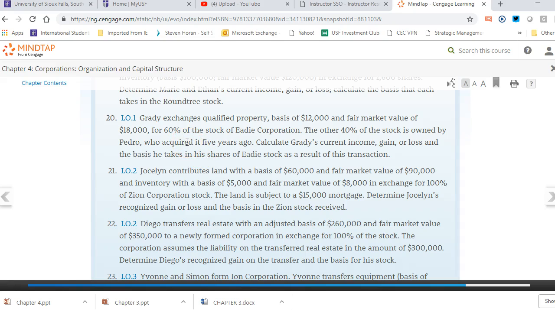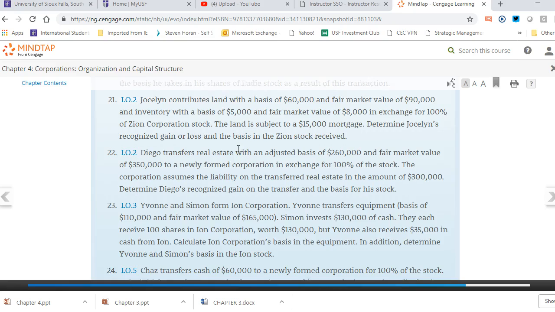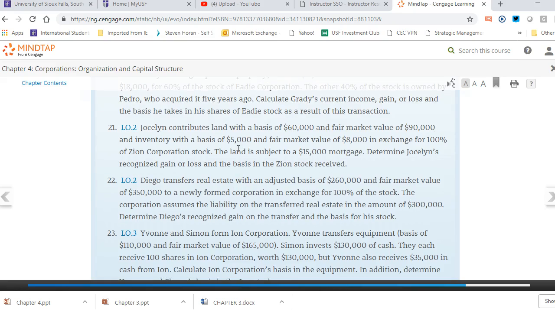Realized gain of 6,000, which is then also recognized gain and is taxable. So Grady will pay a tax, a realized gain tax on $6,000. And then the amount he pays depends on what his tax bracket is, either 15% or 20%, depending on his bracket. Okay, that was 20. Let's look at 21.